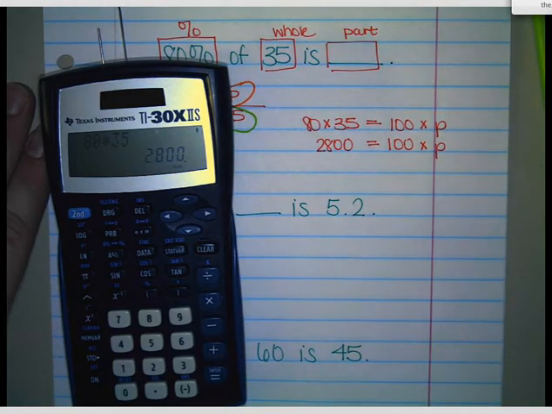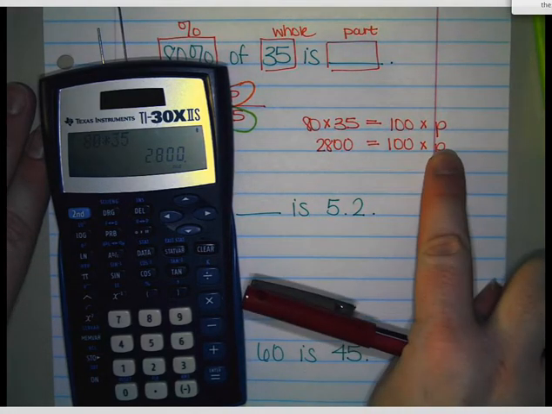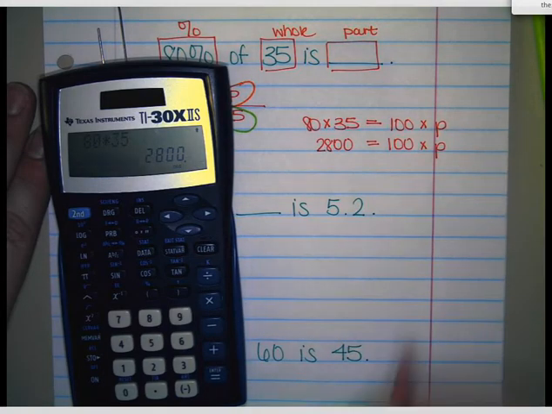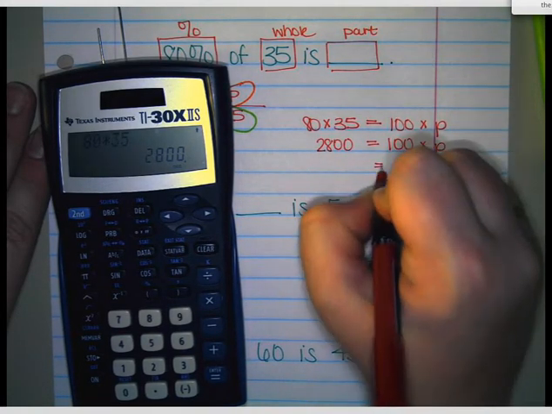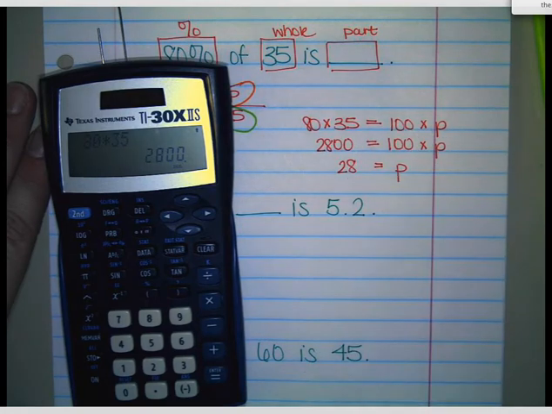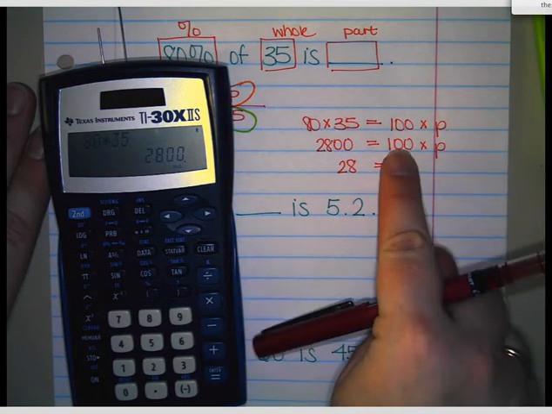And then I'm asking myself, what is P? Okay, if you don't know how to solve a problem like this, you're asking yourself 100 times what number is 2,800? Of course, then P equals 28. Okay, if you need a strategy for solving that, you can divide both sides by 100.